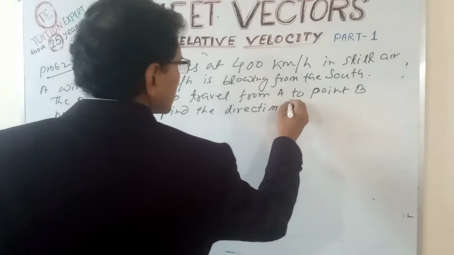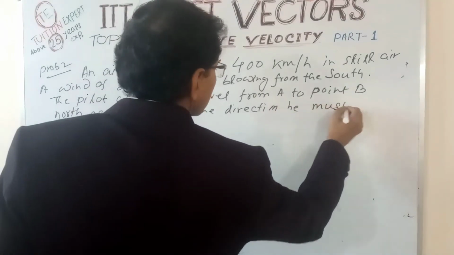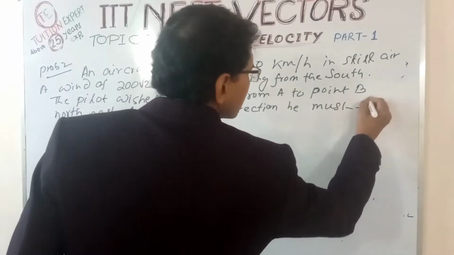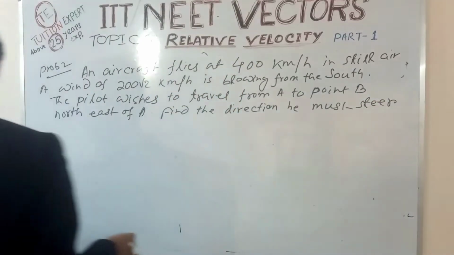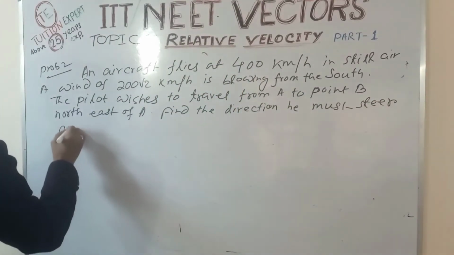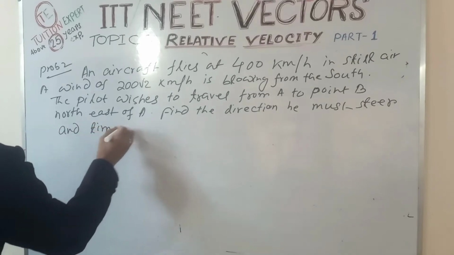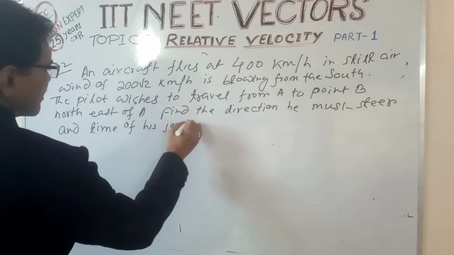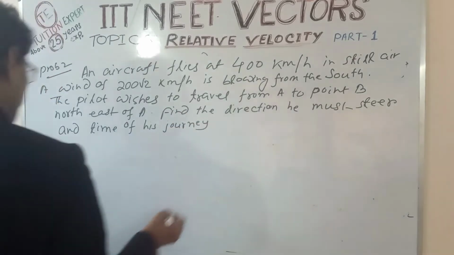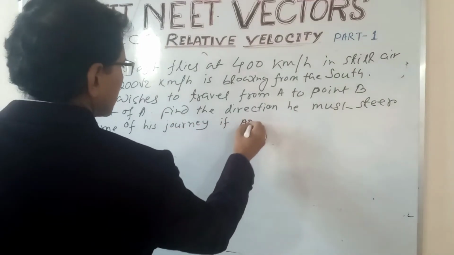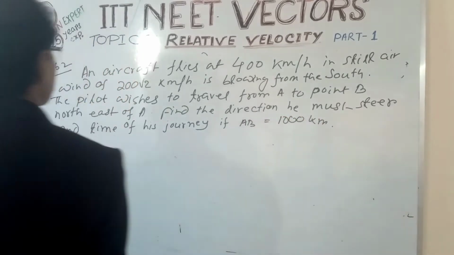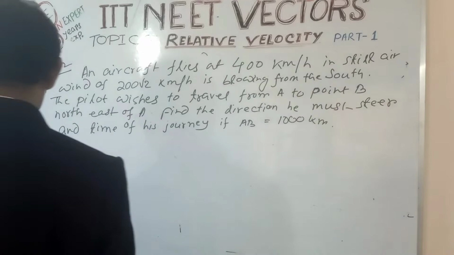He must and he must steer and time of his journey. If AB equal to kilometer.